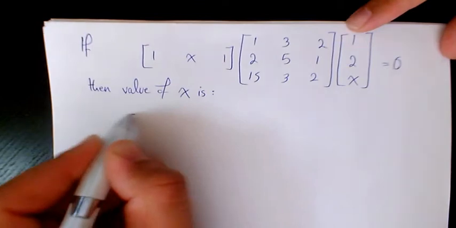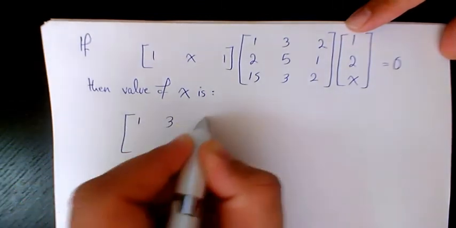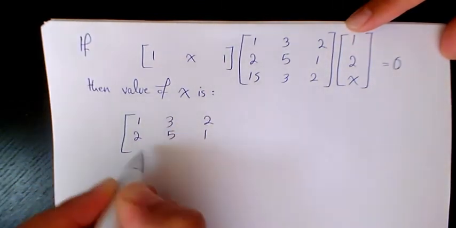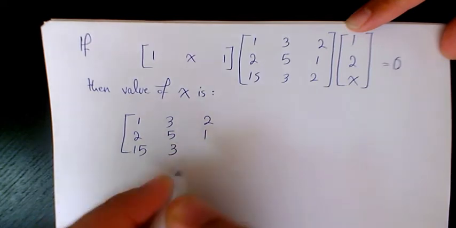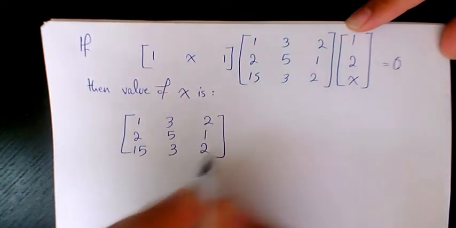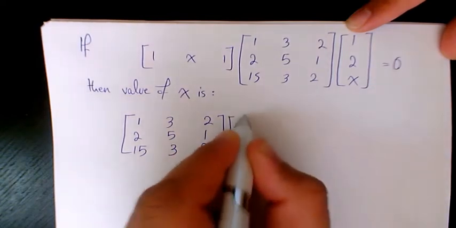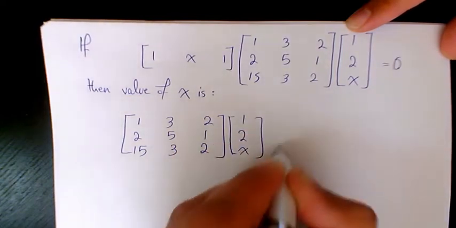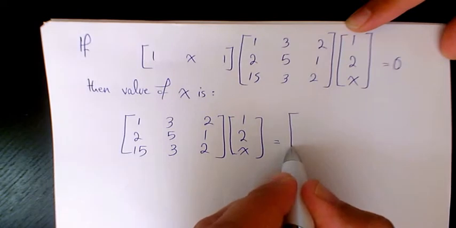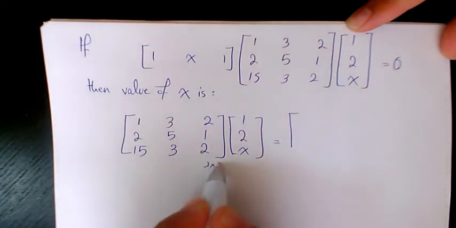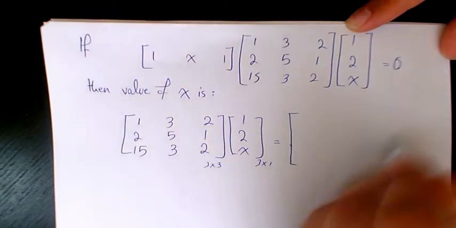That's going to be 1, 3, 2, 2, 5, 1, 15, 3, and 2. And here you have 1, 2x. When you multiply it, 3 by 3, here we have 3 by 1, it's going to be 3 by 1.